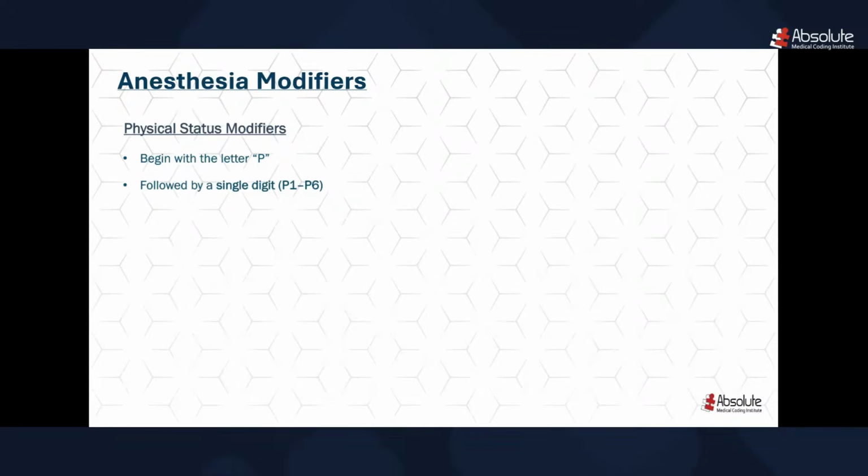Remember, they always start with a letter P followed by a single number, and these modifiers can only be appended to the anesthesia CPT codes. So let's go through each one clearly so you never mix them up.